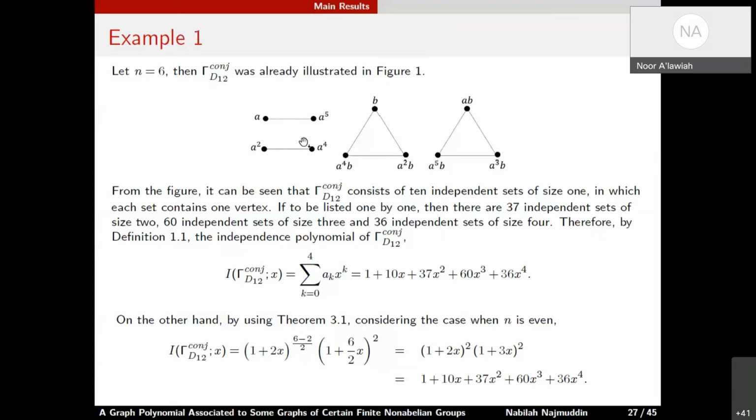If the vertex sets are totally disjoint, then the graph that we obtain is what we call a disconnected graph, meaning that we will have two pieces, two sets of vertices, because the vertex sets are disjoint.